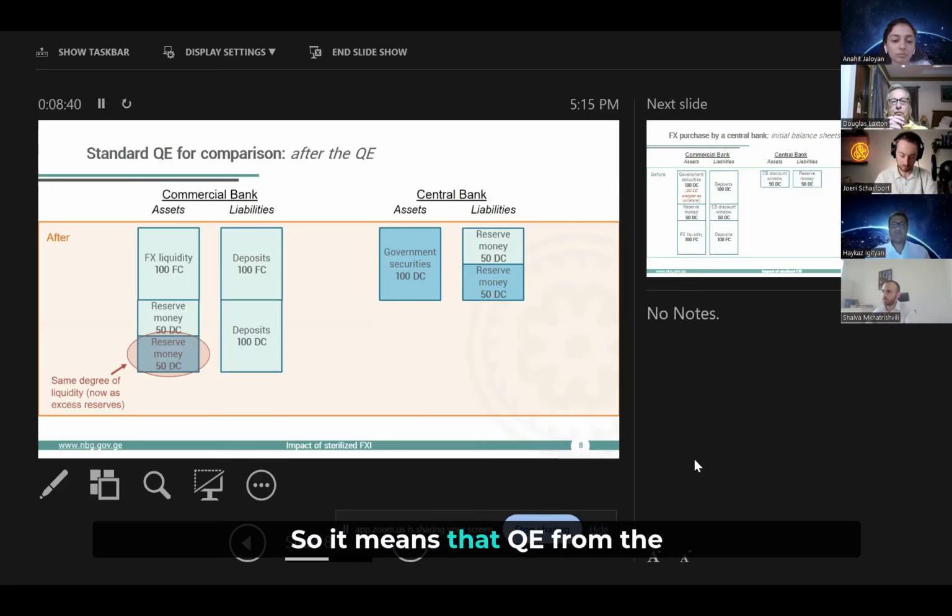So it means that QE from the central bank didn't change much. The only thing that it changed is the duration of the asset that the commercial bank is holding. Previously, the commercial bank held a government security, which earned a long-term yield. Now the commercial bank is still holding a liquid asset.